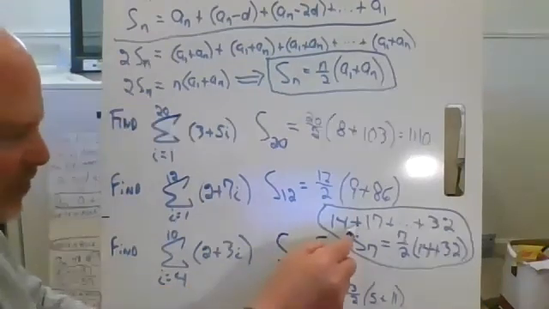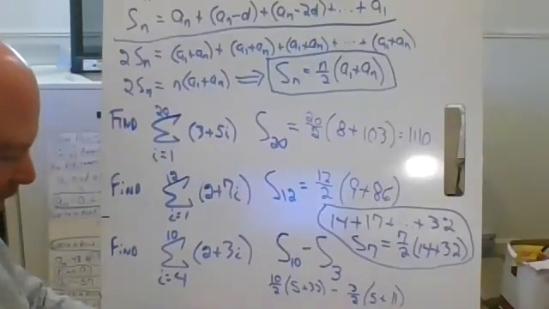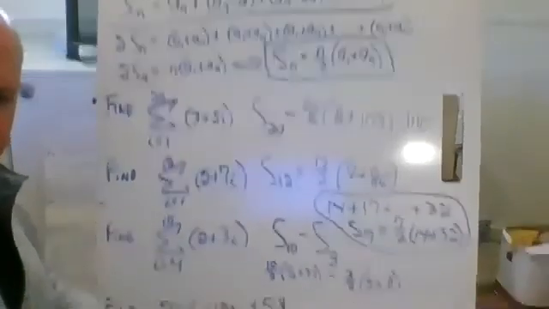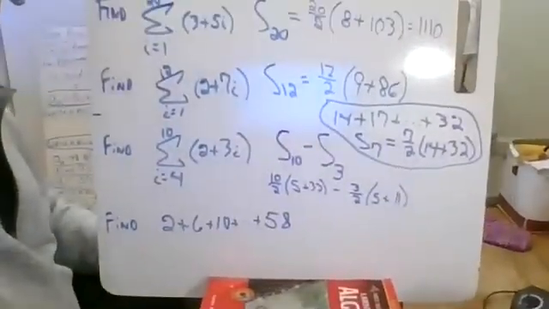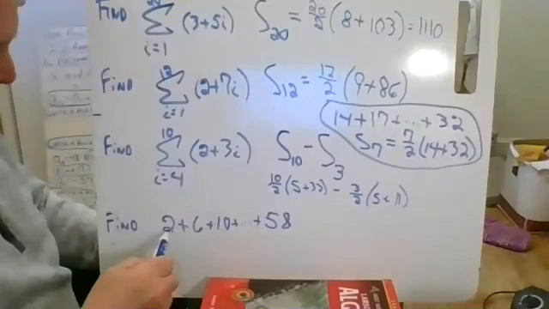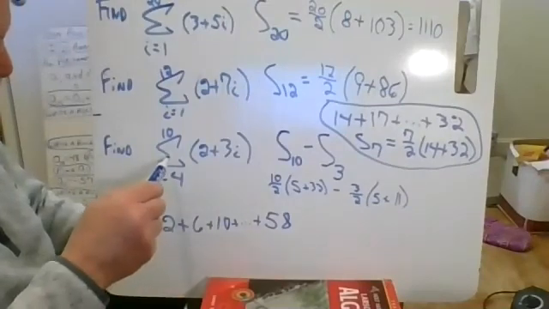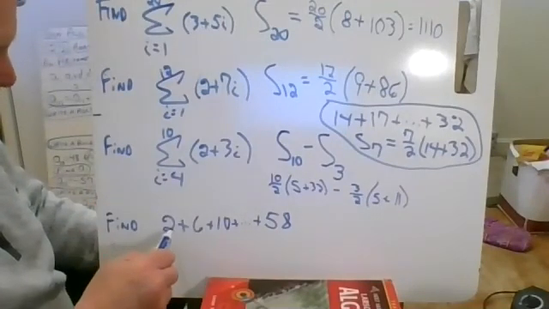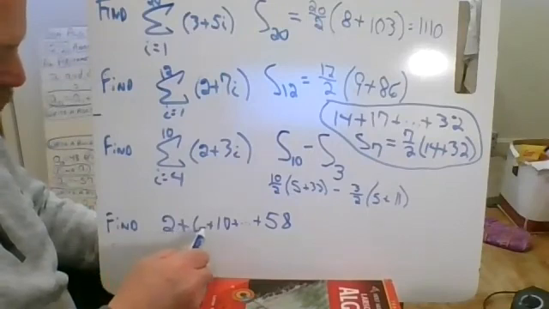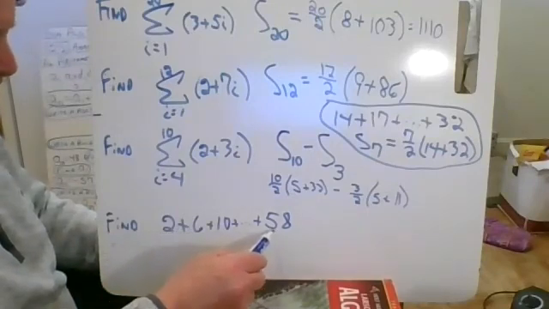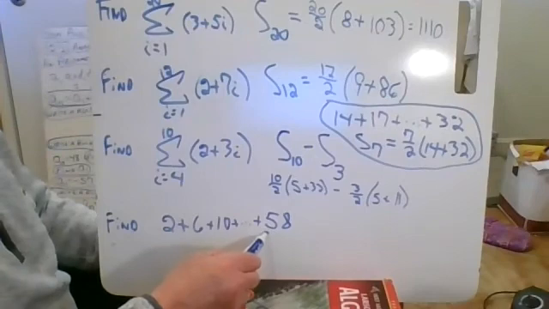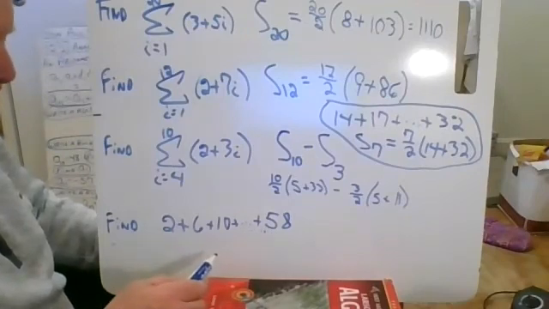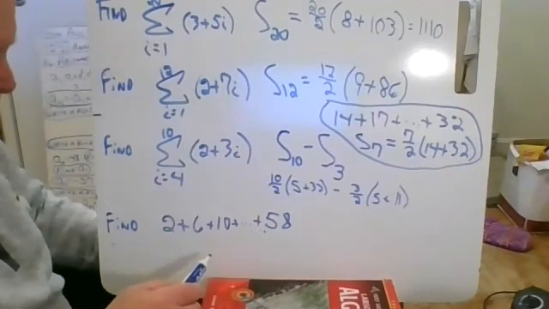And now that I've done that one there, let's do this one here. Can we see it? If I just gave you, instead of sigma notation, a sum of numbers like this, how could we use S notation?